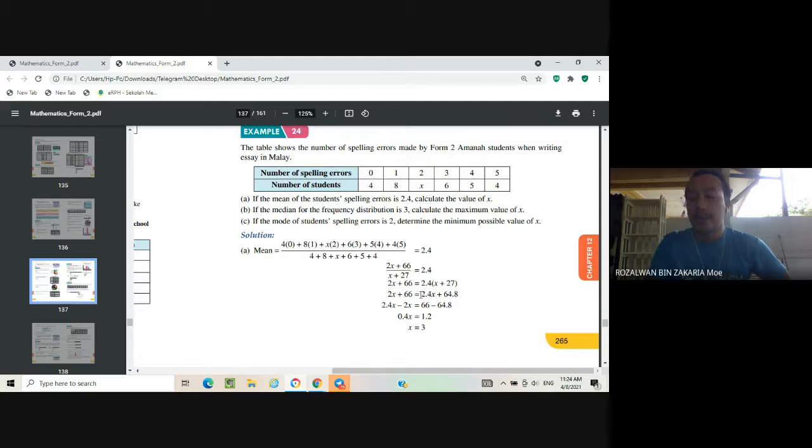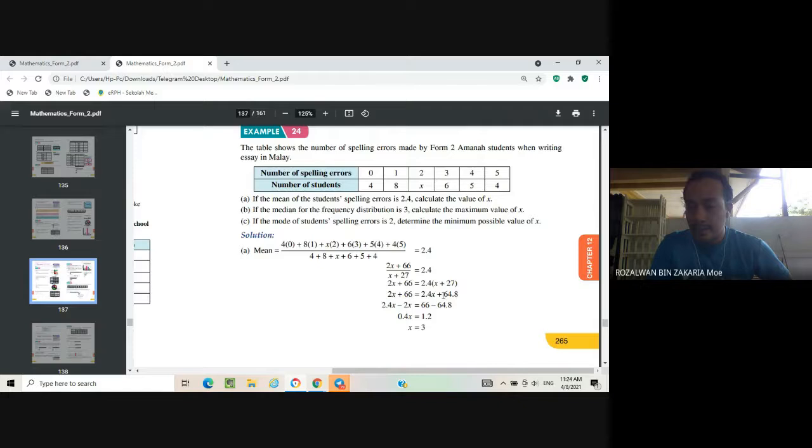The 2.4x remains on the left here, and the 2x you bring to your right side, so it becomes 2.4x minus 2x. Equal to 66.